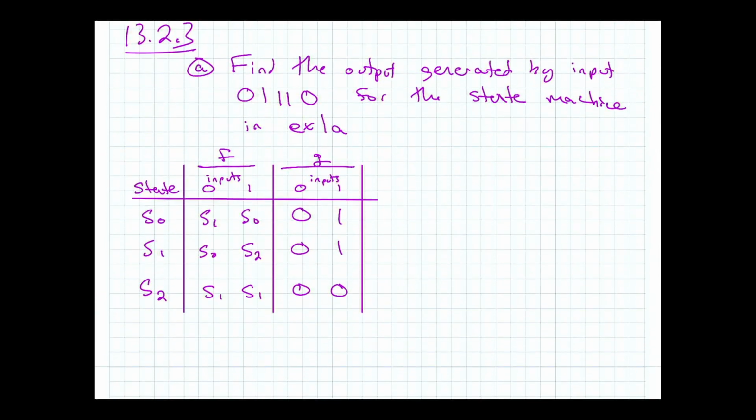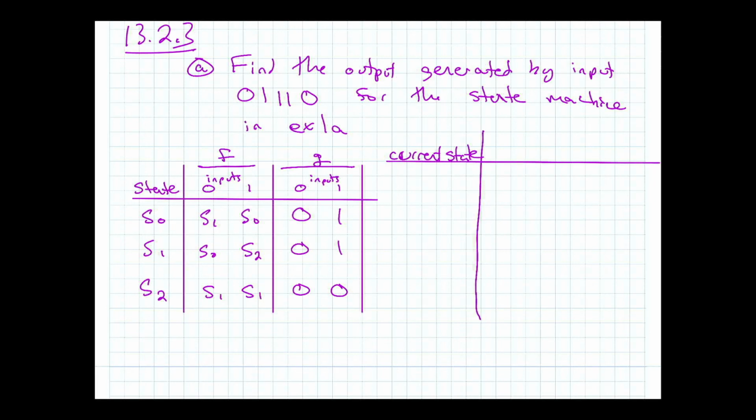All right, so this isn't that hard. Basically, what you're doing is, you can kind of keep track of this various ways. We can keep track of the current state and the input and figure out what the next state is.